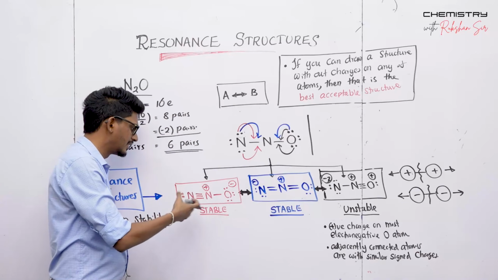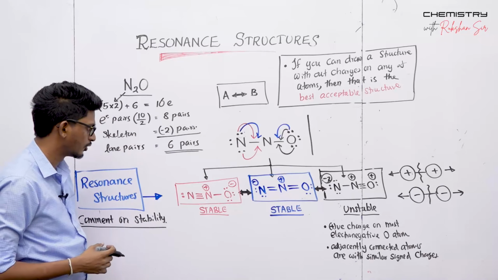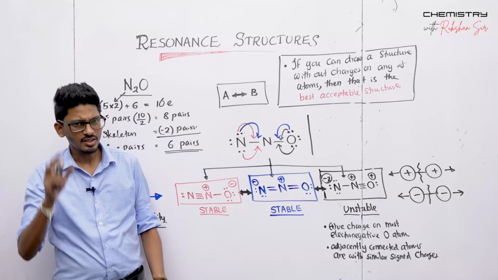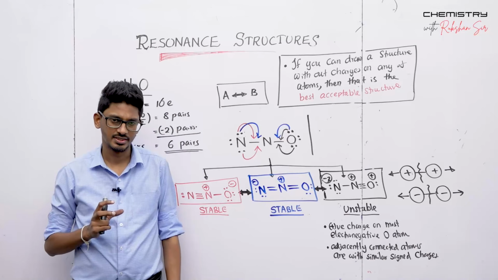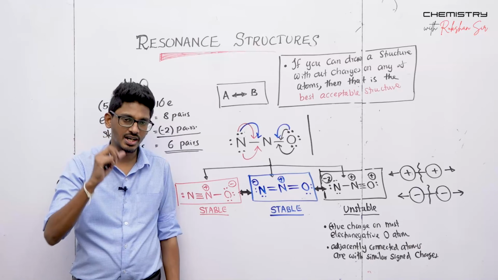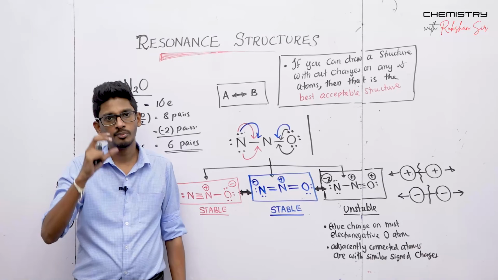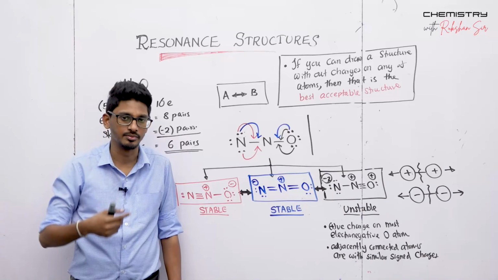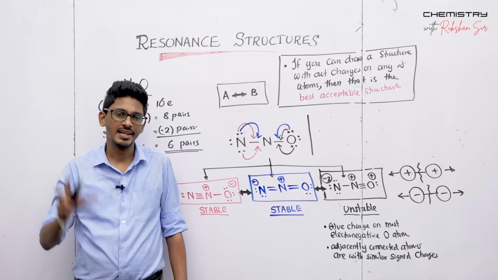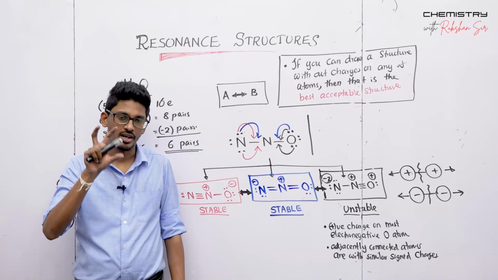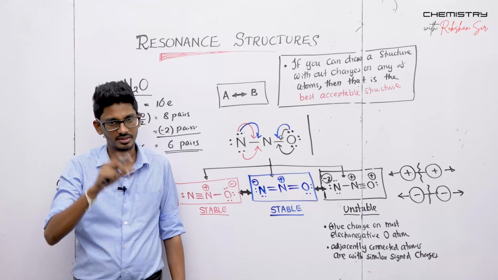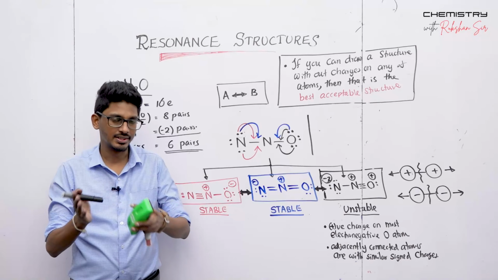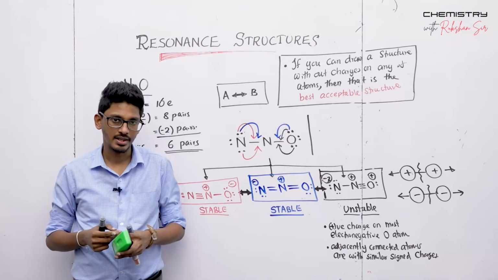Actually, those points are appearing with these structures. What are those points? One point: if your structure has a negative charge on the most electronegative atom, most probably the oxygen, then such a structure is considered stable, and it will attain a greater stability by that point.